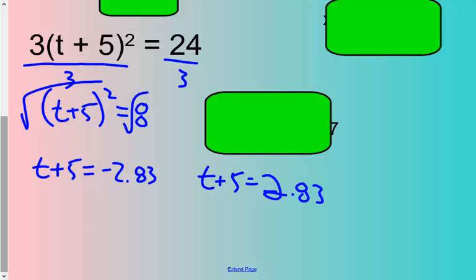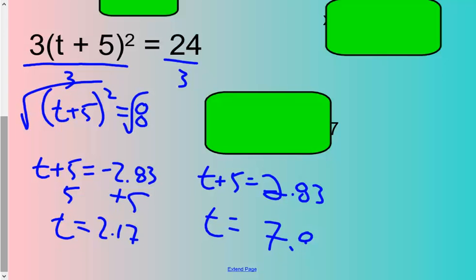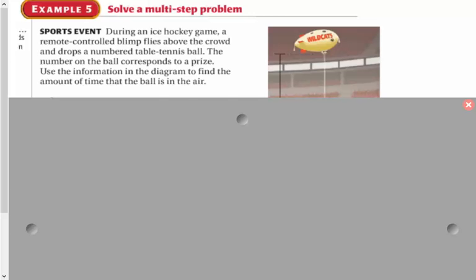And then I'm just going to add 5. Add 5. T equals, and then t equals, there you go. Oh, I did that one wrong. I added, oops. Okay, there we go. So, feel free to use the calculator for this section. Totally okay. In fact, you're probably going to need it.